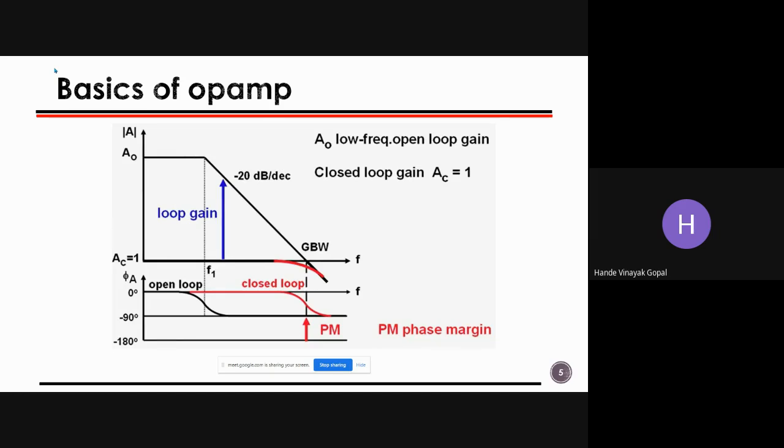A0 is nothing but the low frequency open loop gain, which generally you will get at lower frequency only, unless it is filters or something, right? At the first dominant pole, which is at F1, we get a phase difference of 45 degrees, and asymptotically it will reach 90 degrees. I'm saying that asymptotically it reaches 90 degrees.